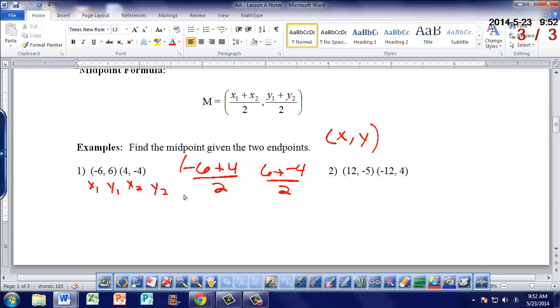You just need to look at it as it's a point. So you have two separate answers. You get negative 1, comma 1. Okay, and then you guys can go ahead and try number 2 on your own, but what you should end up getting is 0 and negative 1/2, and it's okay if you write negative 0.5. Okay, moving on.